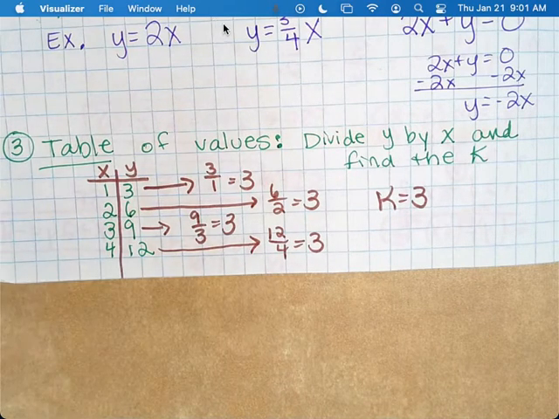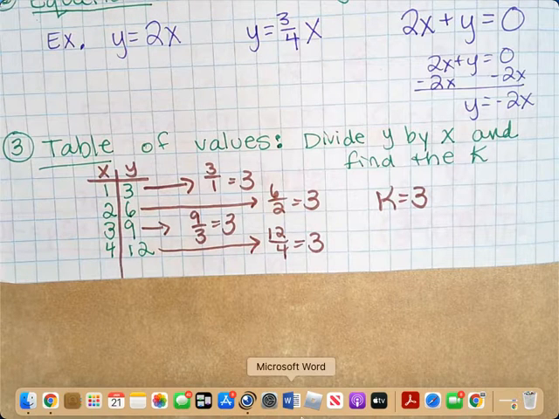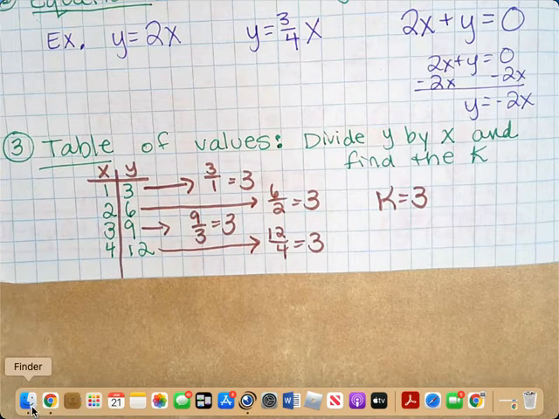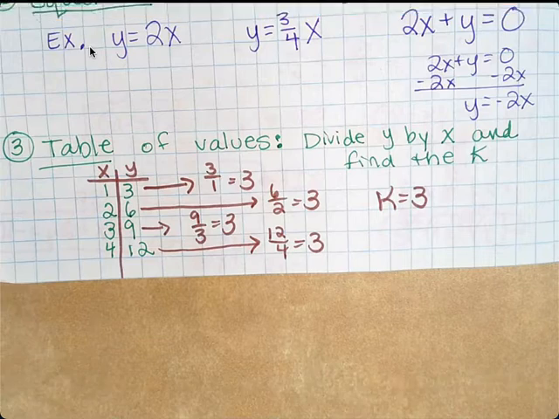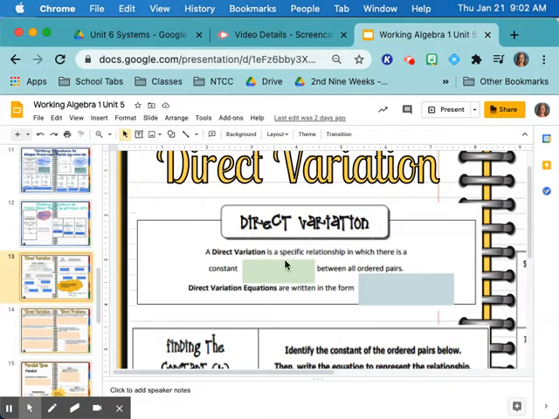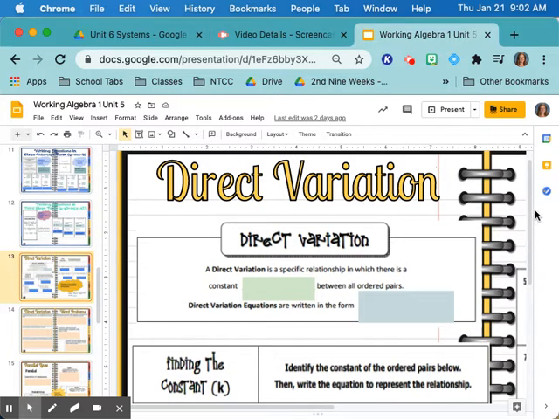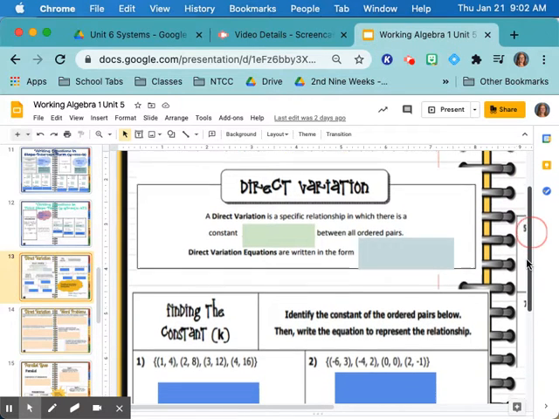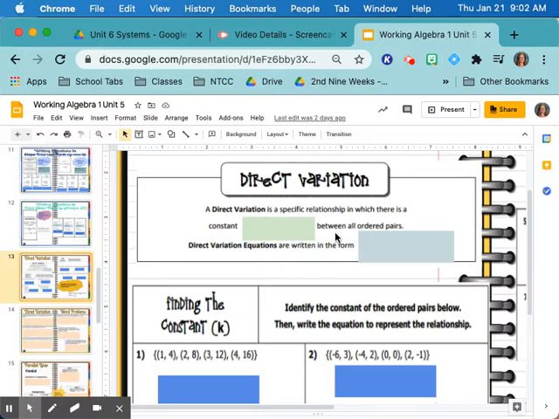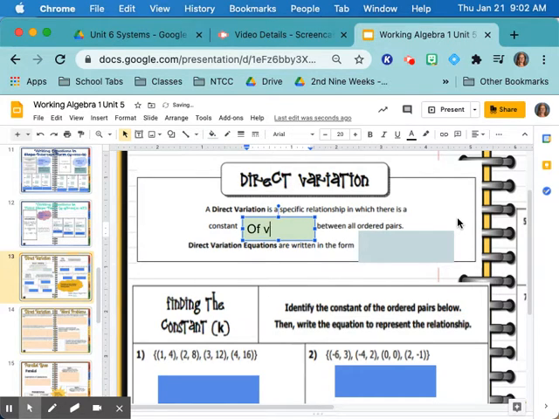So let's look back at our digital journal now. No, wrong thing. Over here. All right, we're going to fill in some blanks and then answer some questions. Direct variation is a specific relationship in which there is a constant of variation between all ordered pairs.